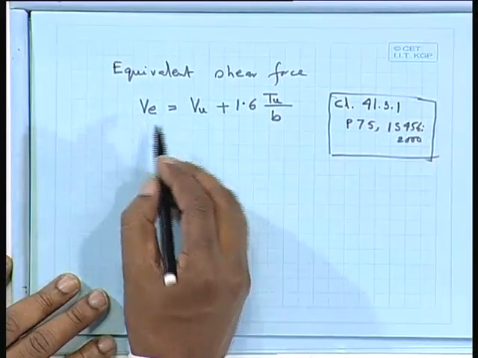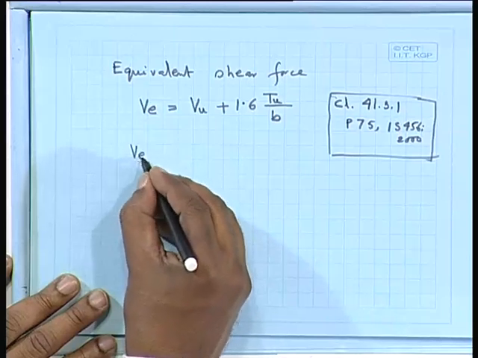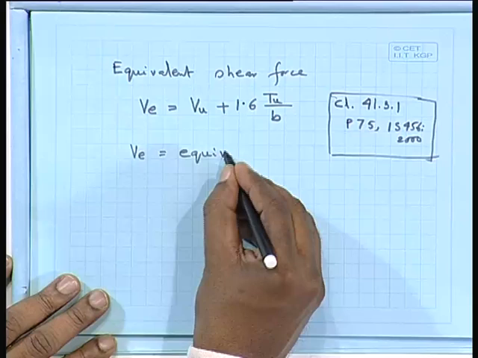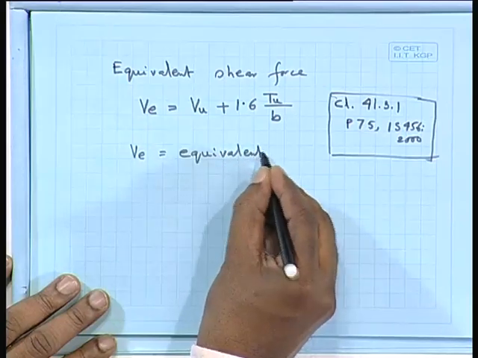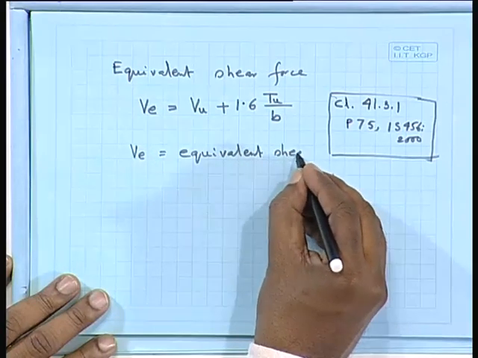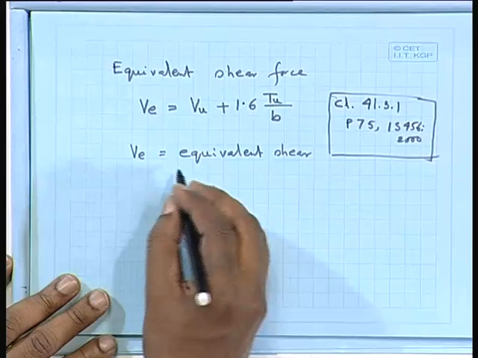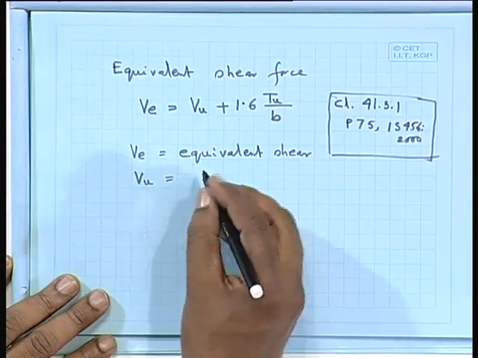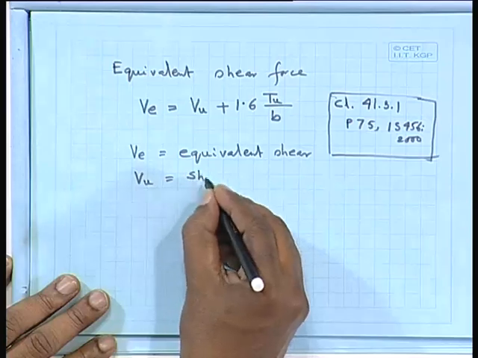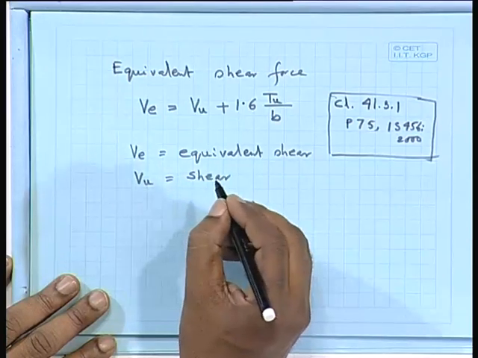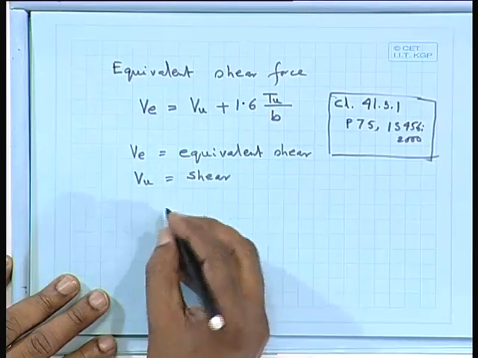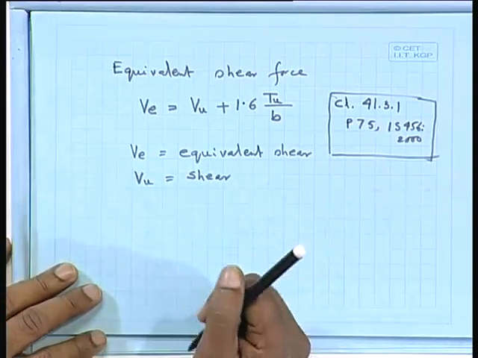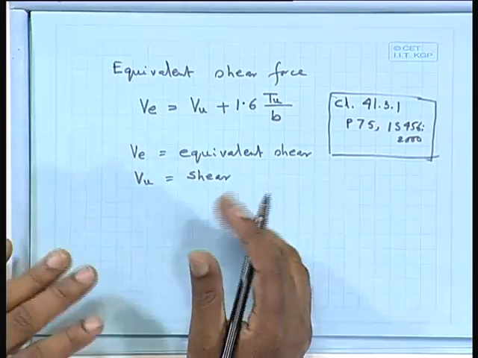So VE is the equivalent shear. VU is the shear developed due to your applied load, whatever is coming in the usual way; it will come from the analysis also, that we shall do in the next few classes, for a total frame.